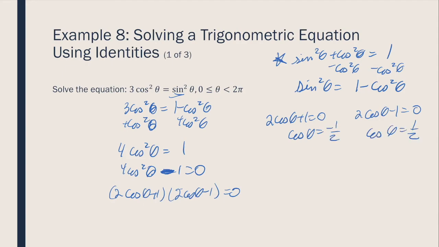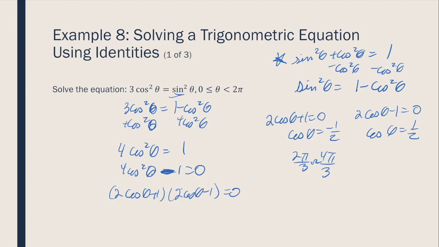So first I'm going to go to my unit circle and say, okay, where's my x value, because that's what cosine is, a negative 1/2? Well, that's going to be at 2 pi over 3 and 4 pi over 3. And then I look at where my cosine is a positive 1/2.